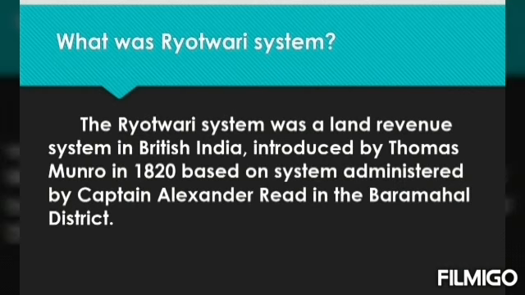Underline the line. The taxes were directly collected by the government from the peasants. This system of land revenue was instituted in the late 18th century by Thomas Munro. He was the governor of Madras. This was practiced in the Madras and Bombay areas as well as Assam and other provinces.